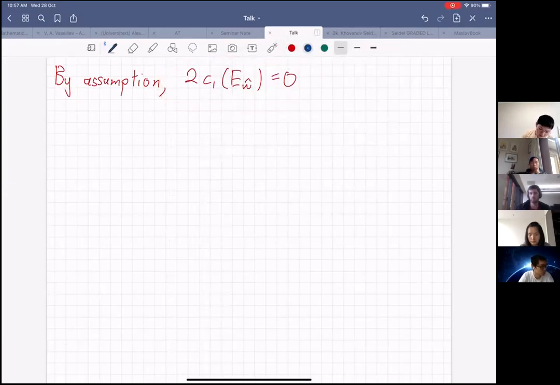if you look at the canonical line bundle, C1 should be describing the line bundle over EW hat. If C1 of EW hat is 0, that means the line bundle is trivial, meaning it's a trivial bundle, like EW hat times a vector space.